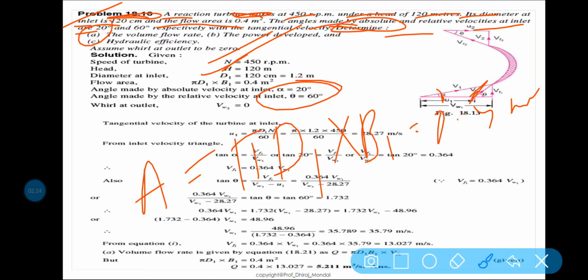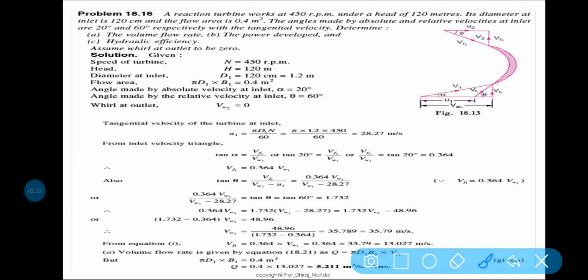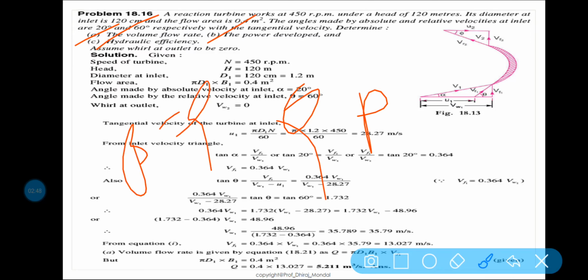Respectively. Determine the volume flow rate, that is discharge, the power developed, and the hydraulic efficiency. Assume the relative velocity at outlet, that means beta, is equal to 90 degree.